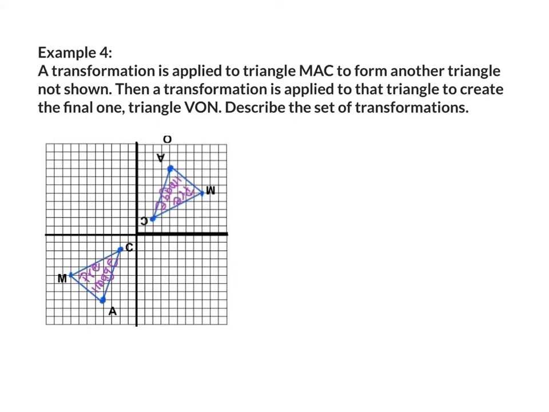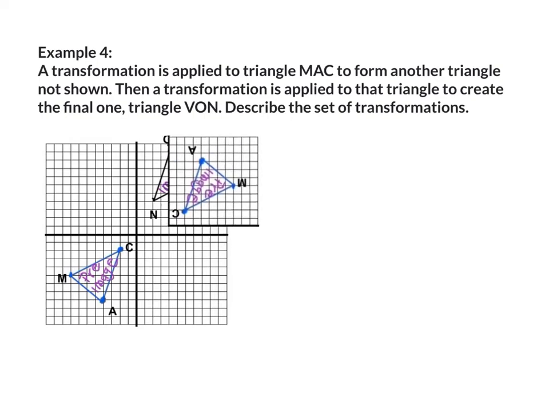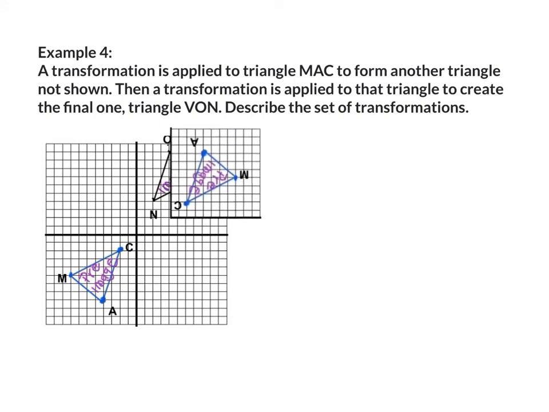Now let's see if that worked. Okay, we're not quite on top of the image. It looks like I might have to translate it up 2 units. So let's try it. 1, 2. Now we are right on top of the image. So that would be my first way.